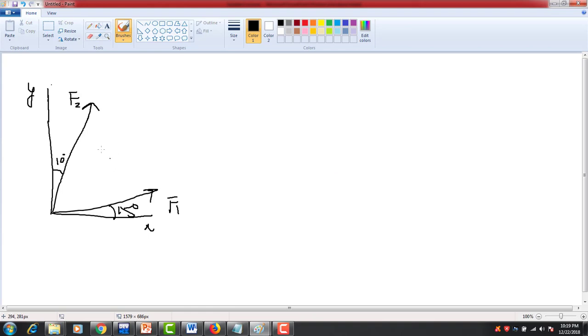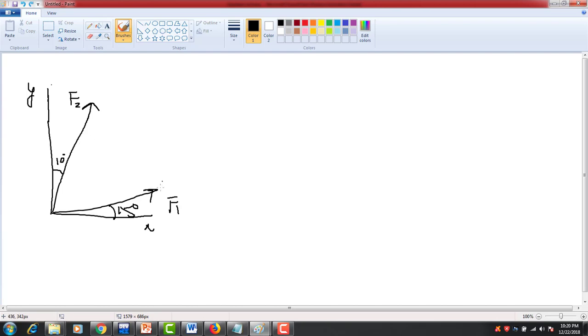We can solve this problem by two methods. So we will discuss the first method firstly, by using the parallelogram law. Because the forces F1 and F2 are joined tail to tail, we apply the parallelogram law.